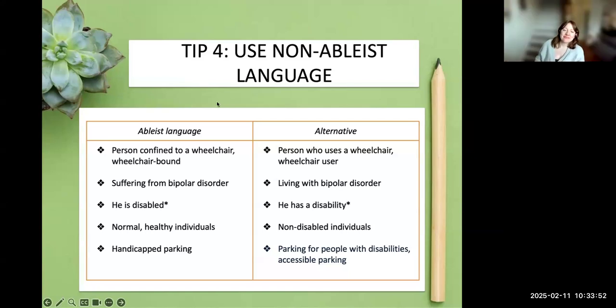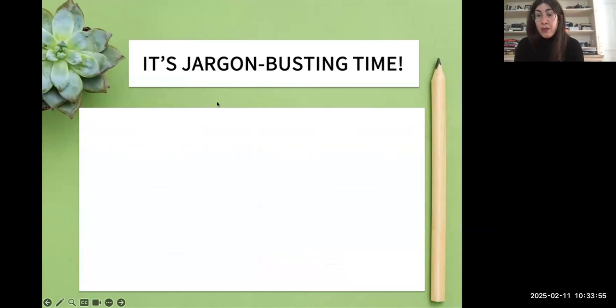Thank you. Awesome. So now we're at the interactive portion of this workshop. I hope you all read "It's Jargon Busting Time" in a Superman, Power Rangers type voice, because that's how excited we are about this exercise. Given everything that Megan just covered, I would love to hear from participants, either by raising your hand and unmuting or dropping in the chat, jargon that you hear a lot.